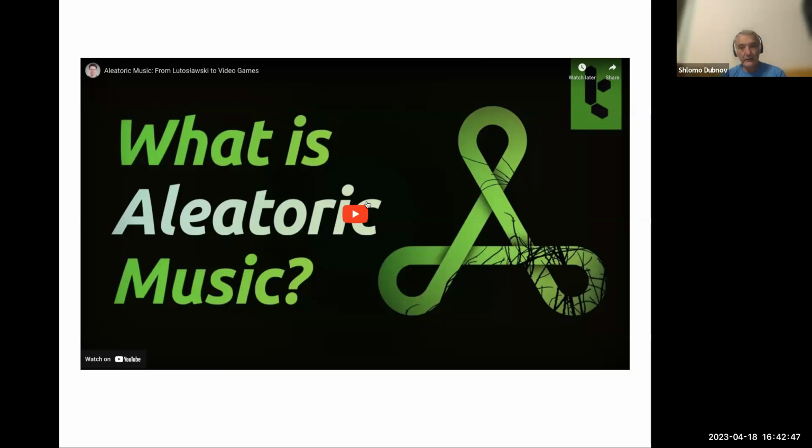And also at a certain point, I'll be happy to dive into the question of how a lot of machine learning now is actually trying to use aleatoric methods for composing music in a traditional way. It's becoming, I won't say full circle, I don't know what to call it, but we're coming in some sense back to the idea that we are modeling a lot of traditional things that we describe as grammars or some formal techniques, which we'll also be talking about in future lectures, but now we think about them in statistical ways.